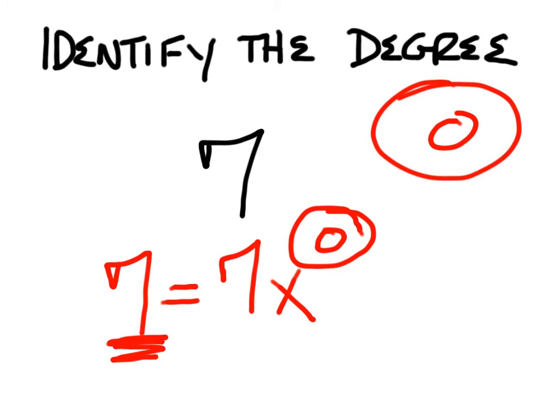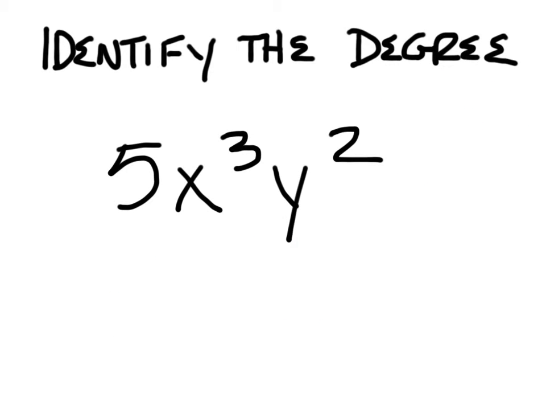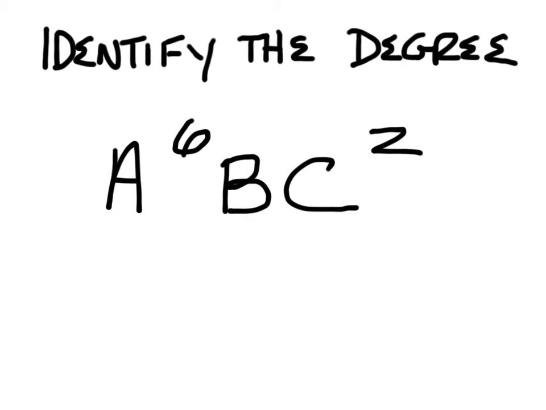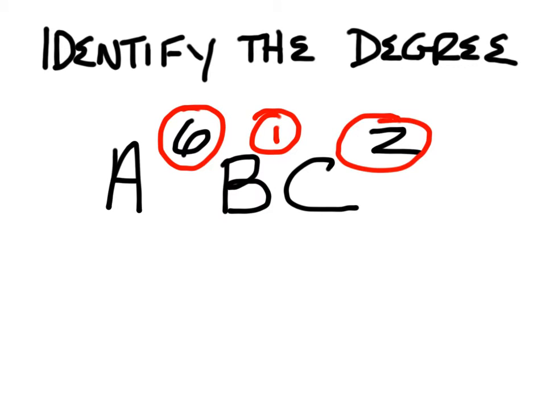Answer should be 0. You have 2 plus 3. Answer should be 5. Your exponents are 6, 1, and 2. That would give you a total of 9.